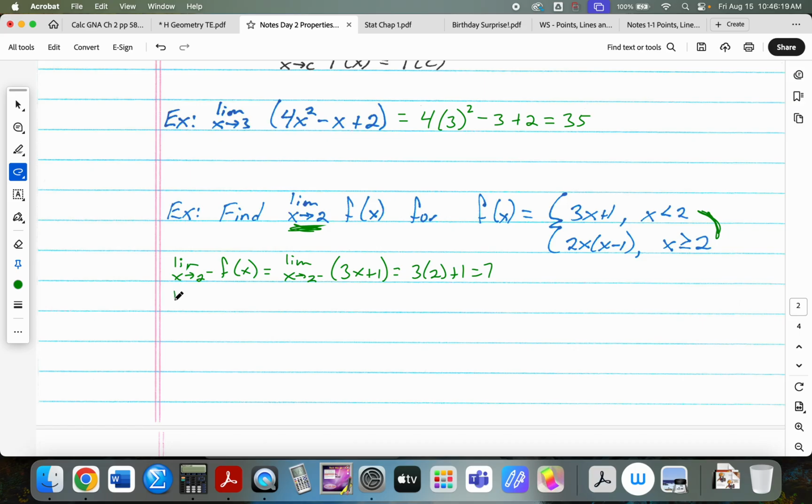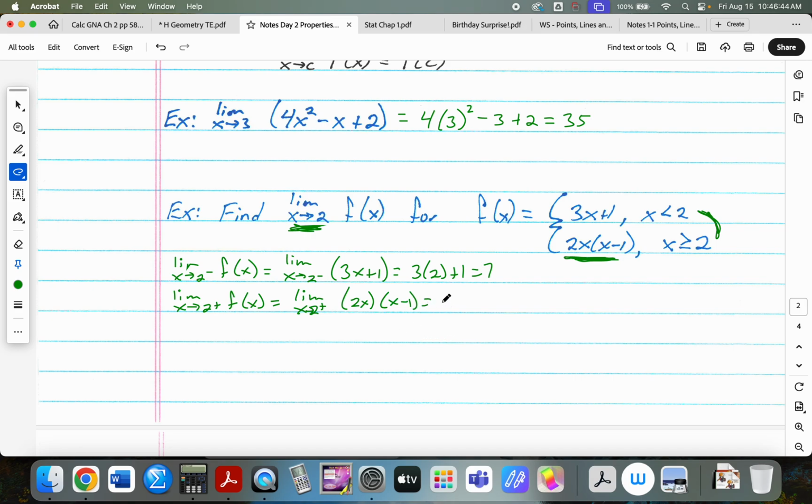On the other hand, the limit as x approaches 2 from the right of f of x is governed by this equation. So that'll be the limit as x approaches 2 from the right of 2x times x minus 1.